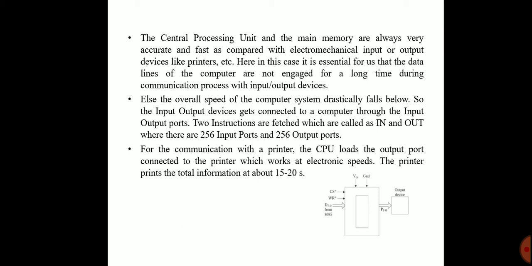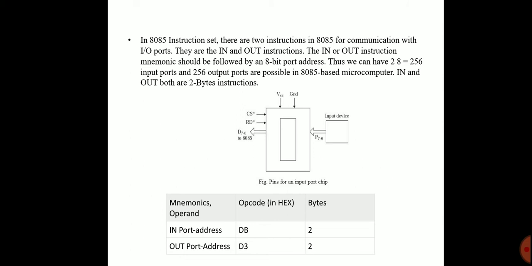Now we discuss the input port. In the 8085 instruction set, there are two instructions for communicating with the input and output ports. They are the IN and OUT instructions. The IN and OUT instruction mnemonics should be followed by an 8-bit port address. Thus, we have 2 power 8, so 256 input ports and 256 output ports are possible in the 8085 microprocessor.